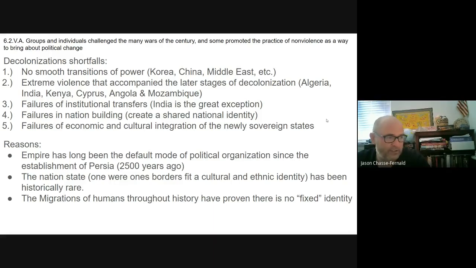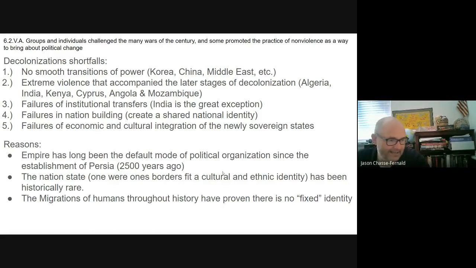All right, and of course, migrations of humans throughout history have proven that there is no fixed identity. Reality is there's just not very many homogeneous societies out there. Most of them are heterogeneous, with diverse ethnic groups. If you think the United States is the only diverse country on planet Earth, then you're not aware of this course.